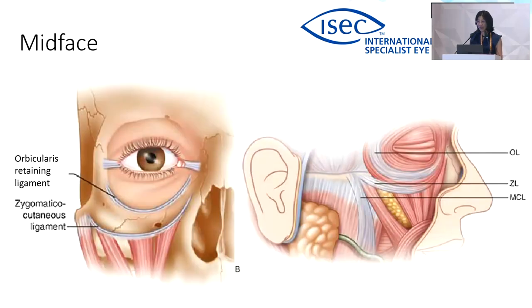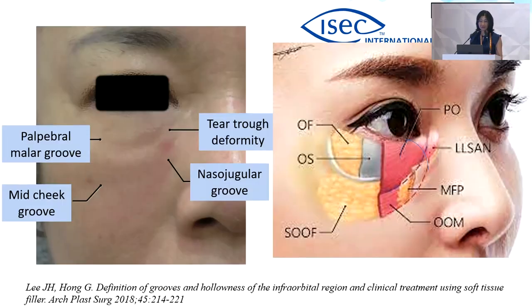So this is the midface. There are two important connective tissue structures here, which is the orbicularis retaining ligament and the zygomatico-cutaneous ligament. The orbicularis retaining ligament expands from the inferior part of the orbicularis to the inferior orbital rim, and medially it is also known as the Kirkhoff ligament, where it is sandwiched between the maxillary origin of the preseptal orbicularis and the orbital orbicularis.